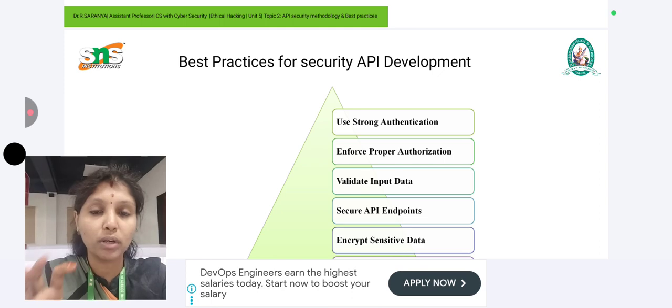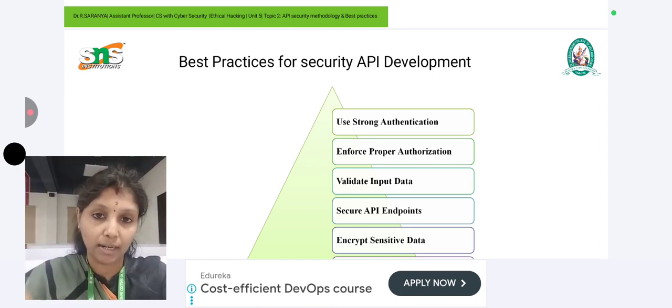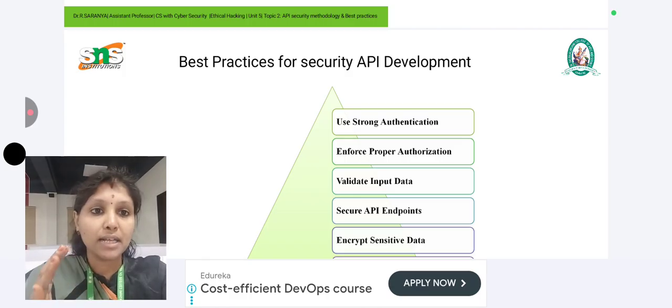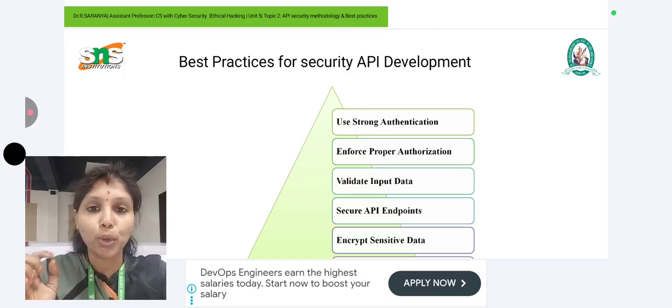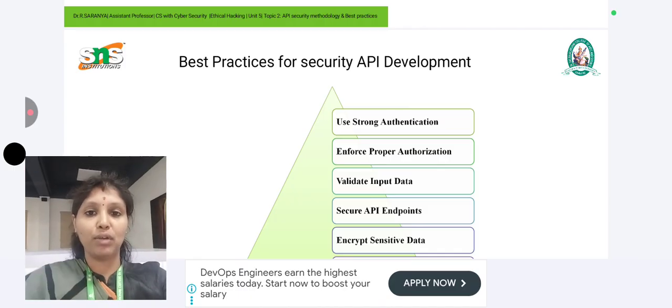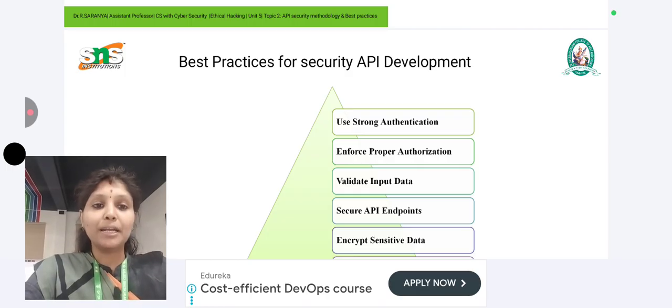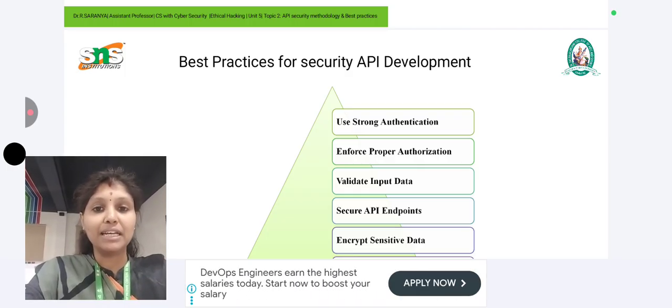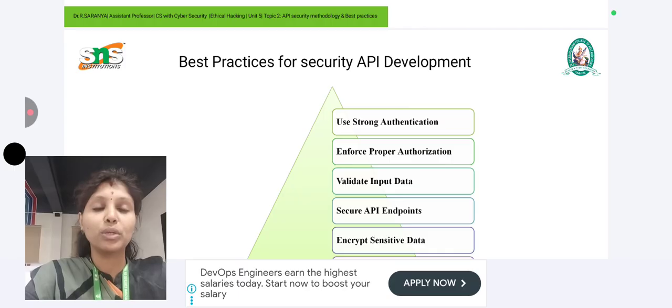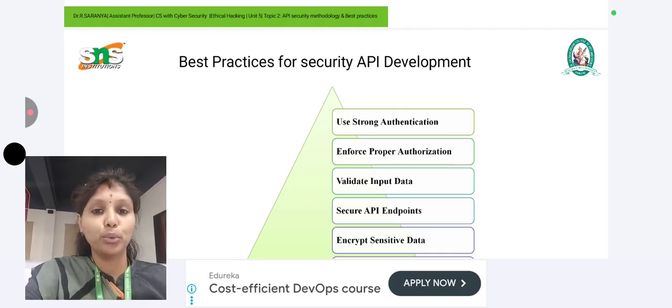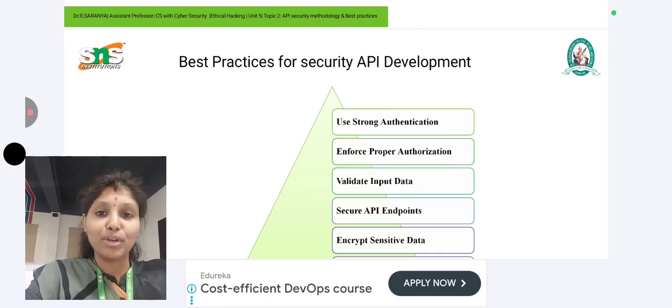Sensitive data should be kept secure with the help of secure mechanisms under the API. Securing the application programming interface endpoints is also an important mechanism in the development of API web applications, and also encrypt the sensitive data with the help of TLS, Transport Layer Security. So these are the best practices in order to secure application programming interface development.